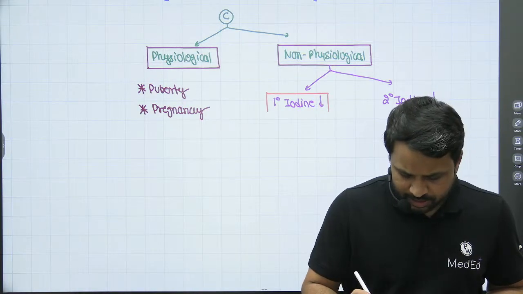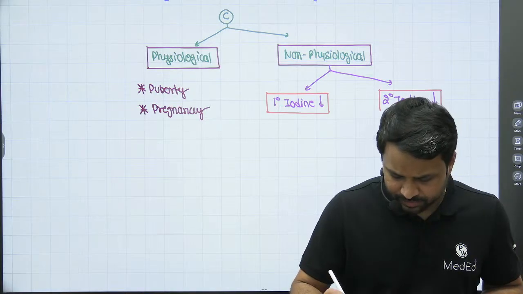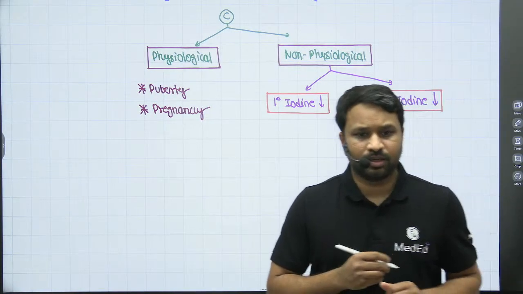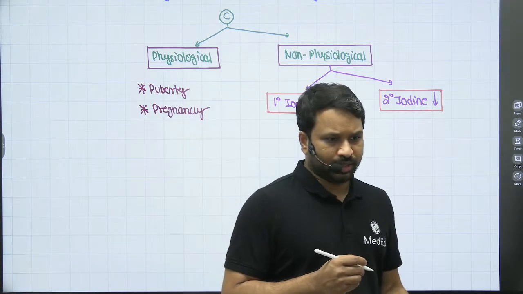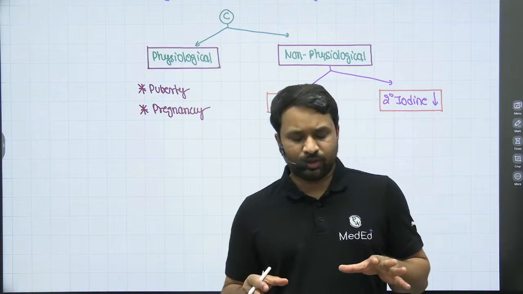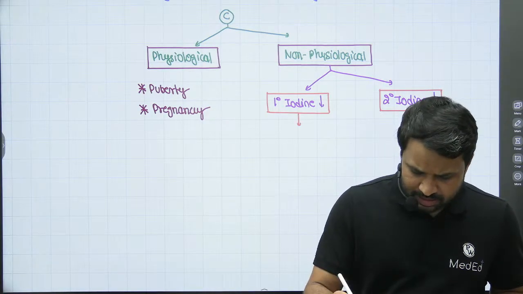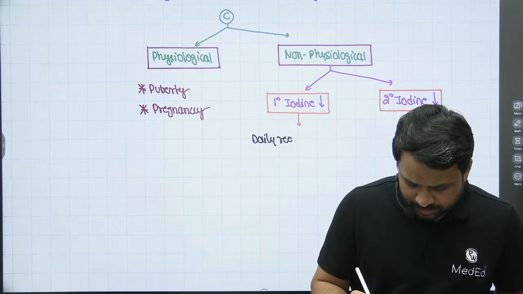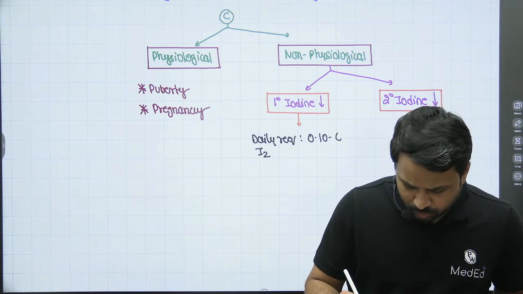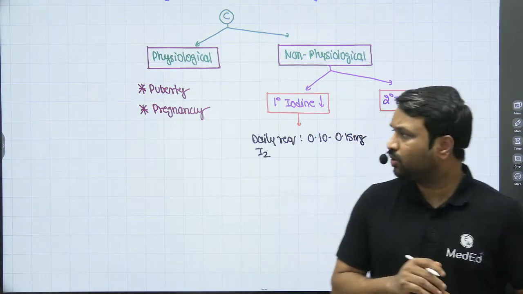So the primary iodine deficiency and the secondary iodine deficiency. All right, great. When we say a primary iodine deficiency, we know the daily requirement of iodine. We have been discussing this. What is the daily requirement of iodine? The daily requirement of iodine to keep you euthyroid is 0.1 to 0.15 milligrams per day.